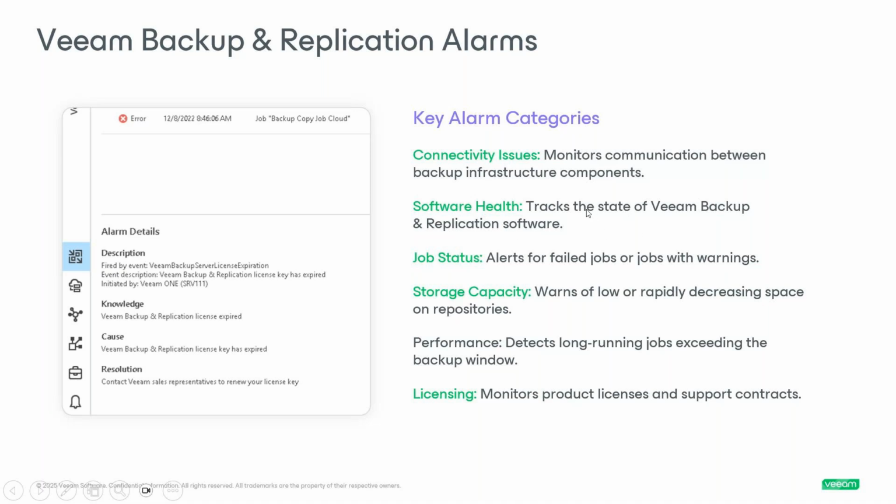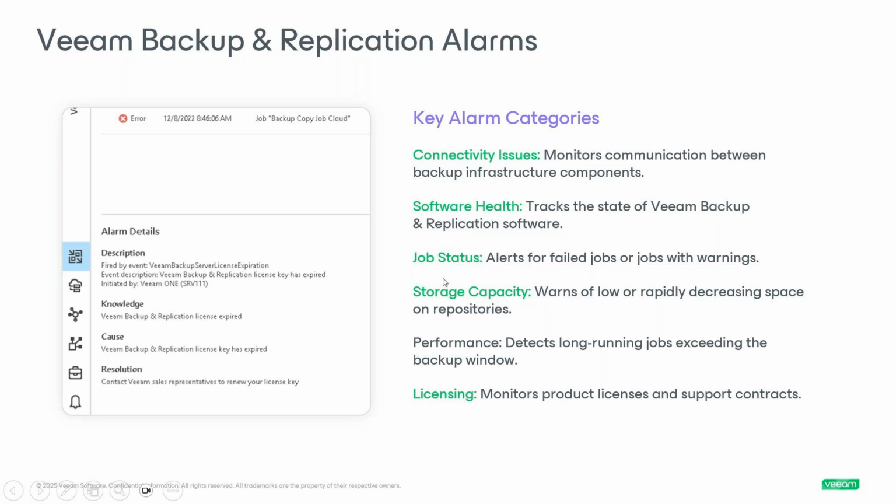If everything is running okay, there's a group of alarms that will tell you whether there's something wrong about backups, or anything about the Veeam backup application server, for example, the job is not running okay, or there's something wrong about how the incrementals are being created. All of those are under software health.